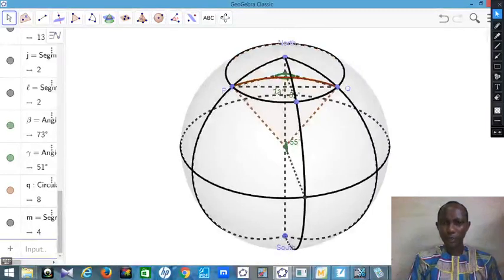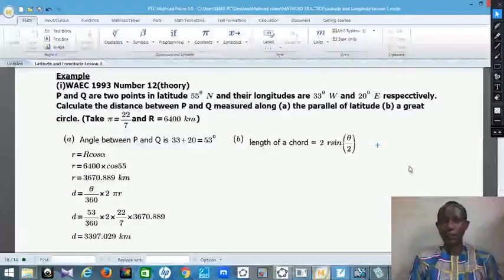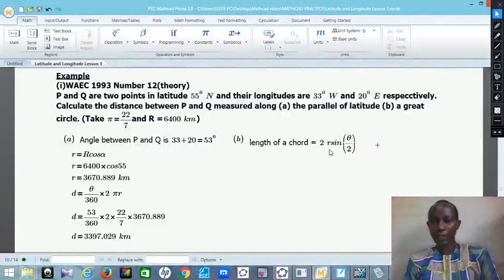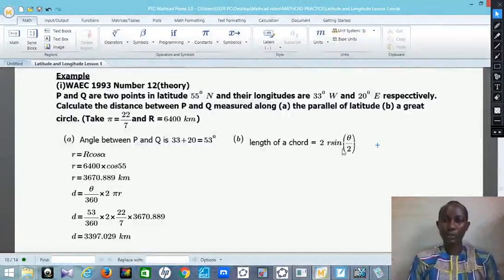This chord is common to it. So we use this formula to calculate the length of the chord, equate both of them, and we'll get our theta. When you get the theta, you can use theta over 360 times 2 pi R to calculate the distance along the great circle.